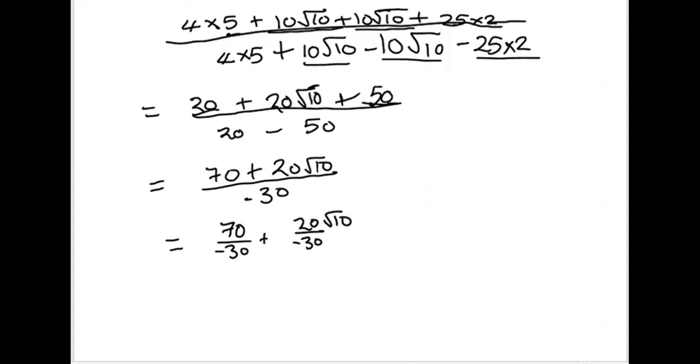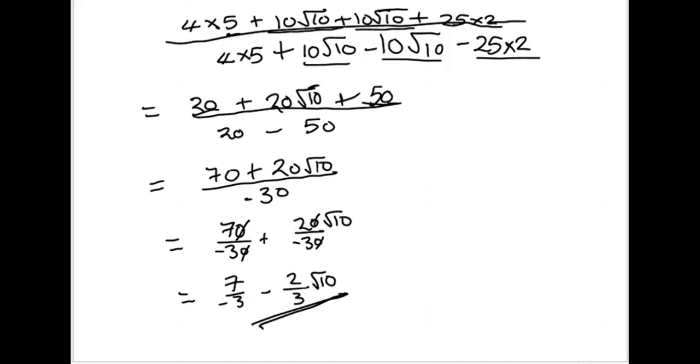Of course, these zeros will cancel out because 10 is a factor of both numbers. These zeros will cancel out also. So I'm left with just 7 all over minus 3, and plus times minus is minus, so 2 all over 3 root 10. This is our final answer.